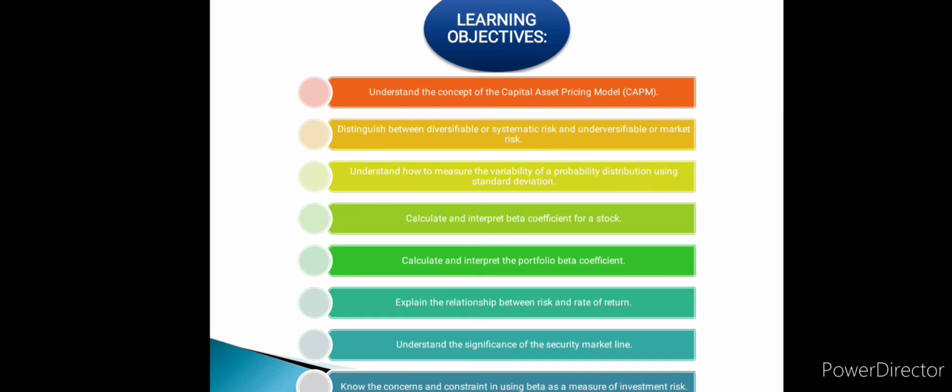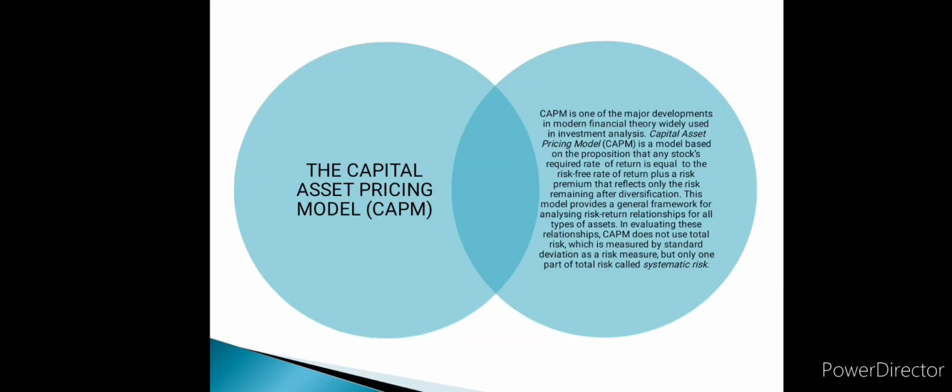The next one is to calculate and interpret beta coefficient for a stock. The next one is to calculate and interpret the portfolio beta coefficient, explain the relationship between risk and rate of return, understand the significance of the security market line, and the last one is to know the concerns and constraints in using beta as a measure of investment risk.